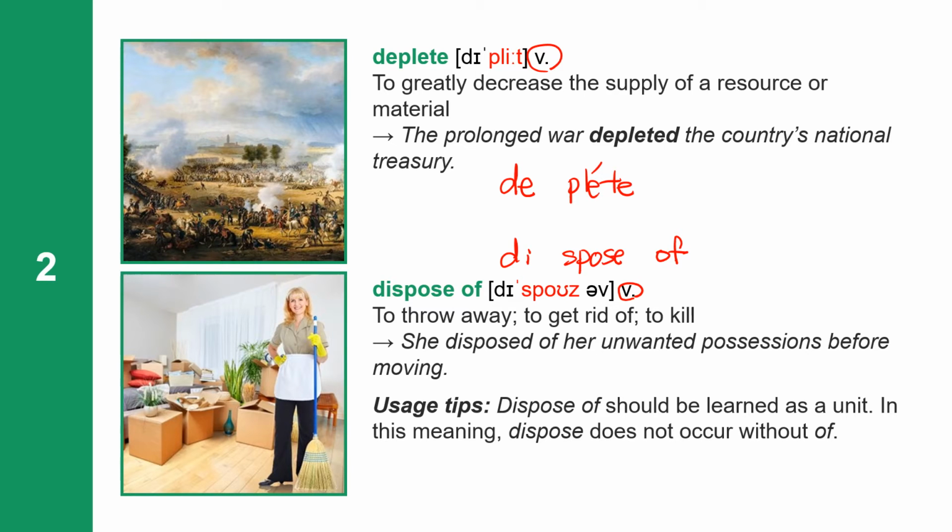She disposed of her unwanted possessions before moving. So when you use dispose of, it should be learned as a unit. In this meaning, dispose does not occur without of. So you always need to use dispose with of. Dispose of.